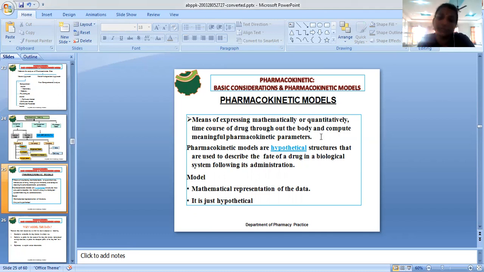The main purpose is to show how much absorption, distribution and excretion takes place with respect to time, expressed quantitatively by these models. To compute meaningful parameters, these pharmacokinetic models are useful.